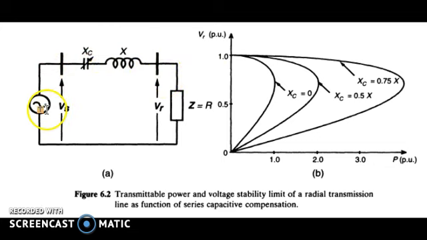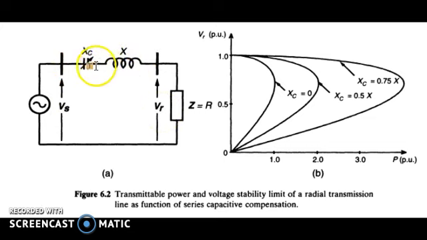So we know that Vs is equal to the voltage across the capacitor, plus the voltage across the inductor, plus the voltage across the load, that is, the sending end and receiving end, Vs and Vr. If we consider this transmission line as a whole, and call the voltage across the line Vl, then Vs is equal to Vl plus Vr.